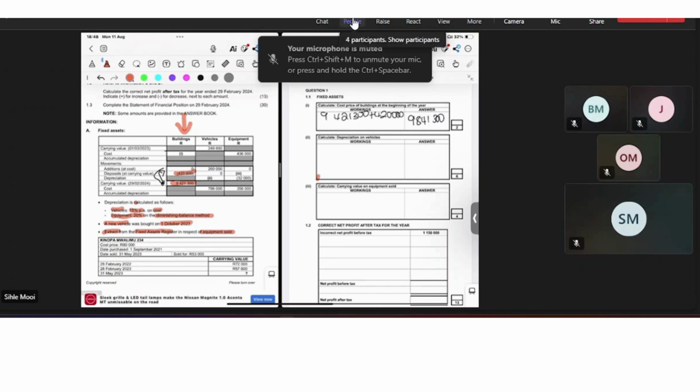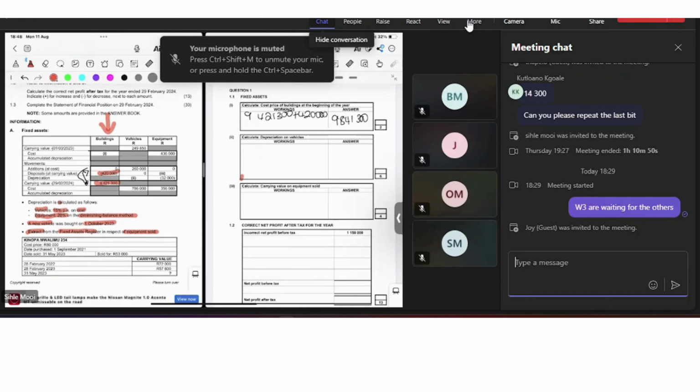Okay, then let's continue. Next up, we have the depreciation of vehicles. We need to calculate the depreciation of vehicles. So how do we do that? This is the information we've been given on vehicles. We have the carrying value at the beginning of the year. We have our additions at cost. There haven't been any disposals. And then we need to calculate depreciation.